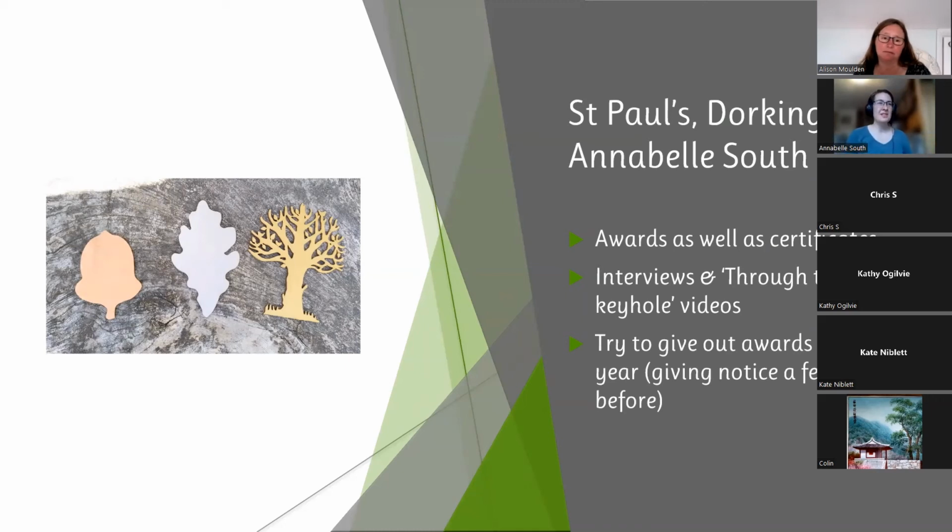They're just little pieces of laser cut wood that we painted bronze, silver and gold, and we chose an acorn, an oak leaf and an oak tree to represent them. I think people have enjoyed having something physical as well as a certificate to receive in the congregation, in the services. And like Alison and Catherine, we try and have it twice a year where we give out the awards.